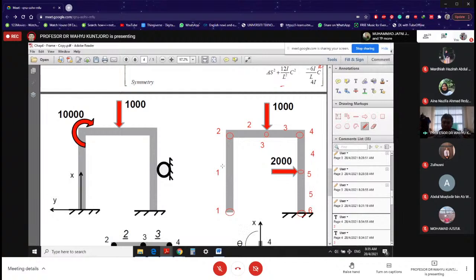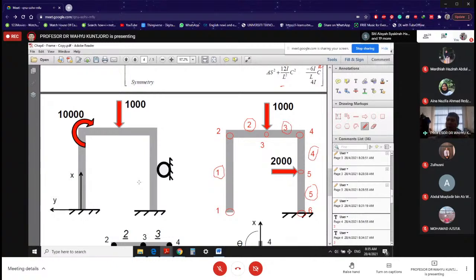So I'm going to put a circle to show that this is an element. All right, I hope you understand what I'm doing now. So that is for the structure on the right.